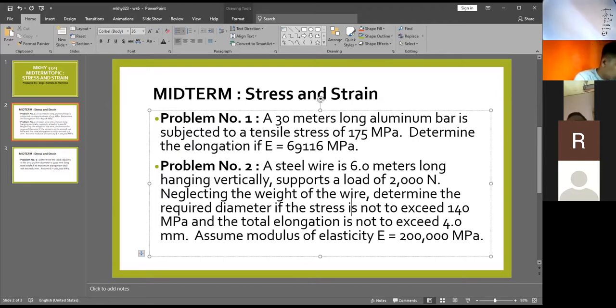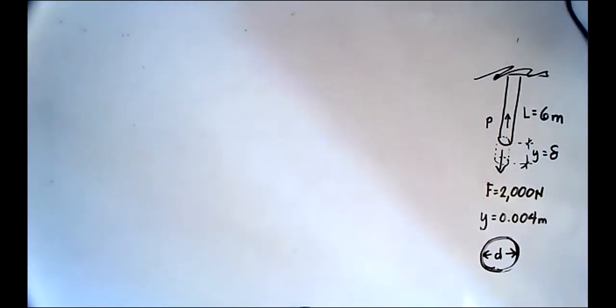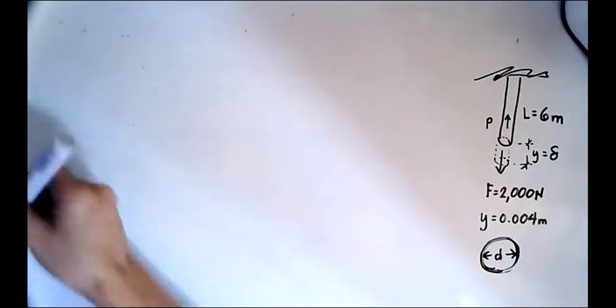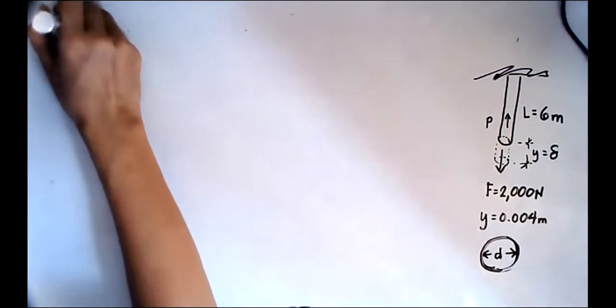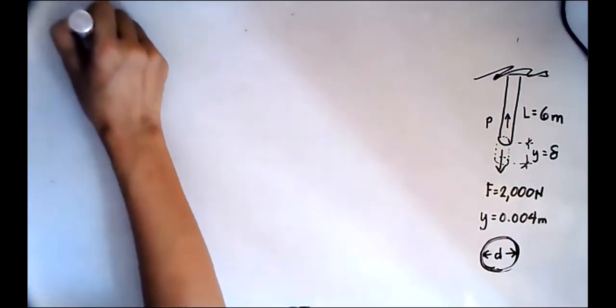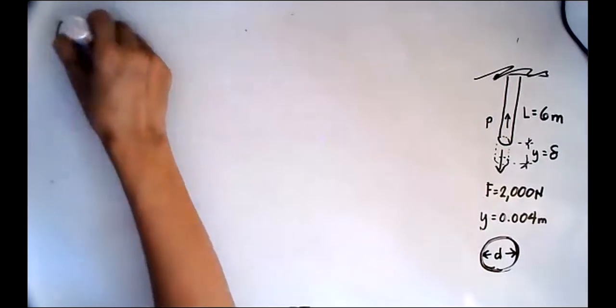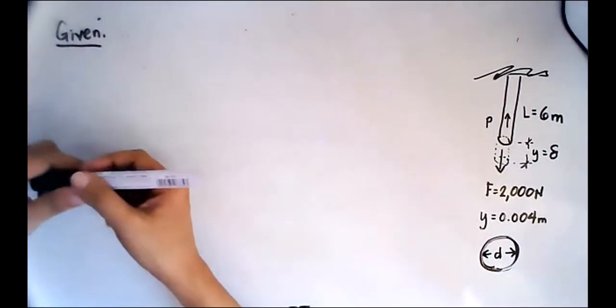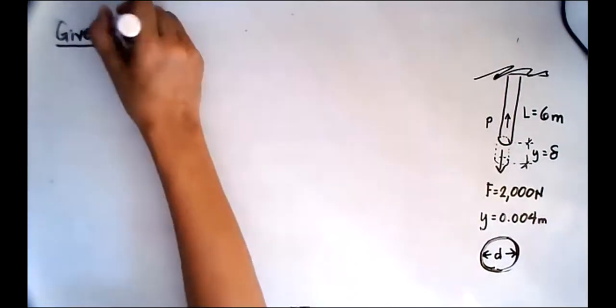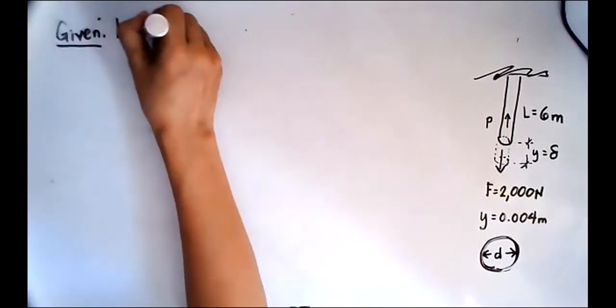Okay. We go to the problem, and we are going to identify the various given data. What are the data which were provided to us? We have the length, which is 6 meters.